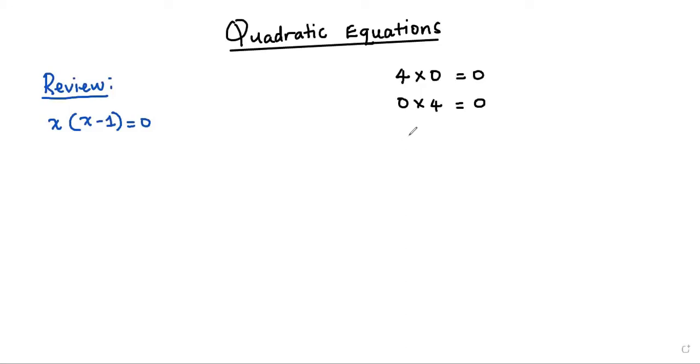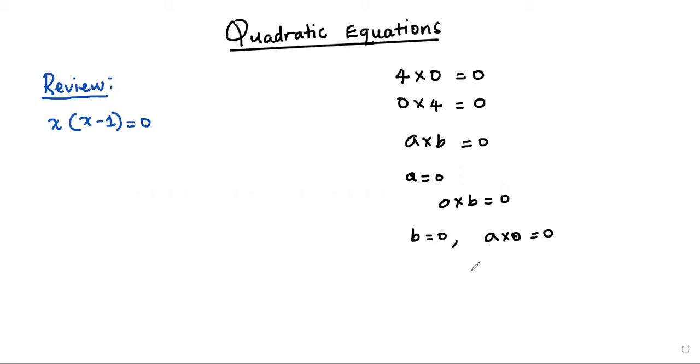It's like if I say that A times B equals 0, then it means that maybe A is 0, such that I get 0 times B to get 0. Or it can be that maybe it's B that is 0, so that I can get A times 0 to get 0.